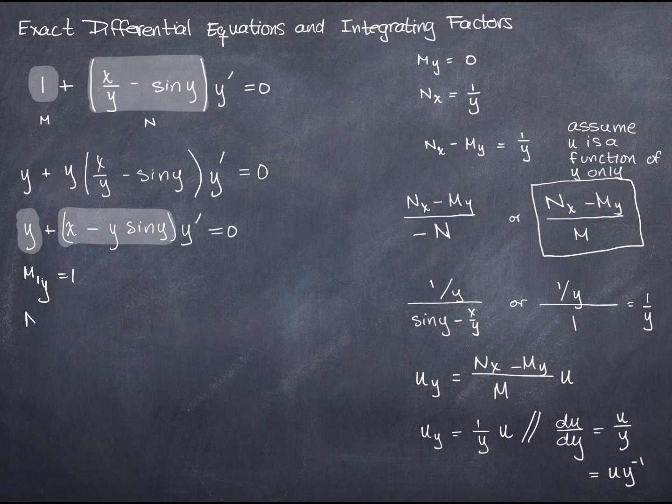And the derivative of n sub 1 with respect to x is the derivative of x, which is 1, minus the derivative of a product, but both factors of this product only contain y's. So with respect to x, the derivative is going to be 0. And I'm left with these two partial derivatives, and they are equal to each other. So this is now an exact differential equation.